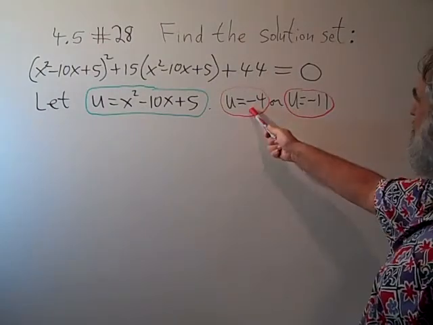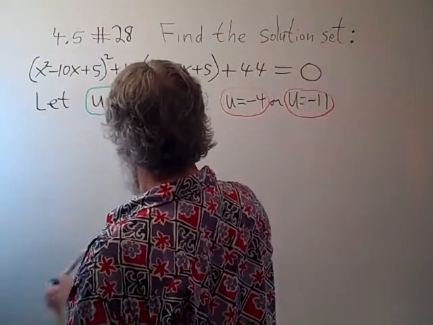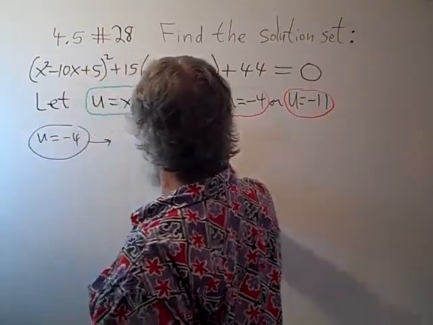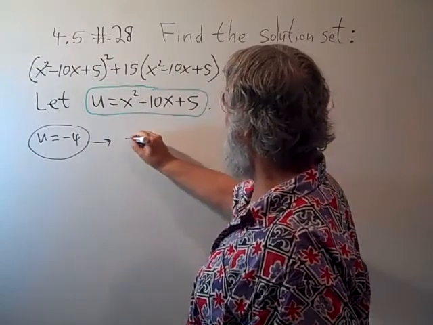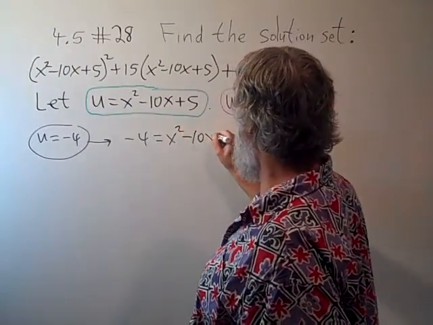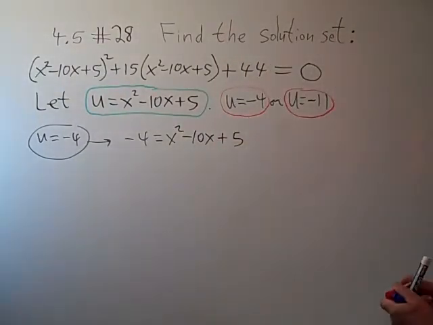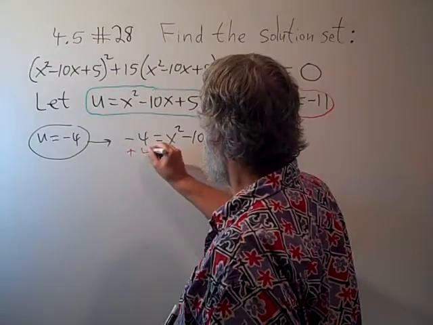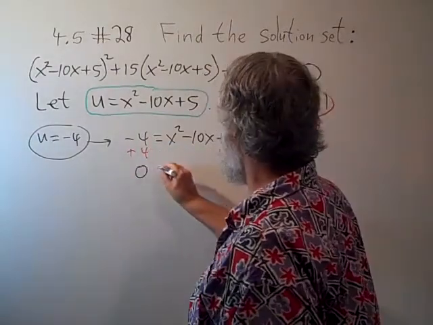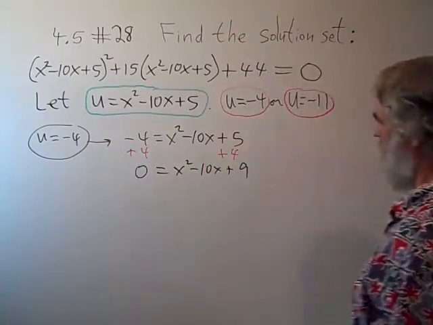Okay, so when u is equal to -4, then that means that -4 is equal to x squared minus 10x plus 5. And if I add 4 to both sides, this equation becomes 0 equals x squared minus 10x plus 9.